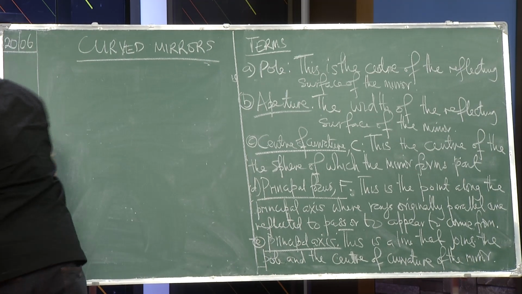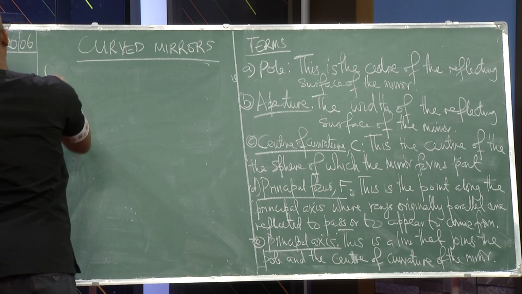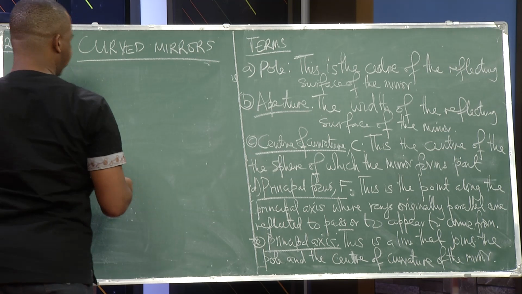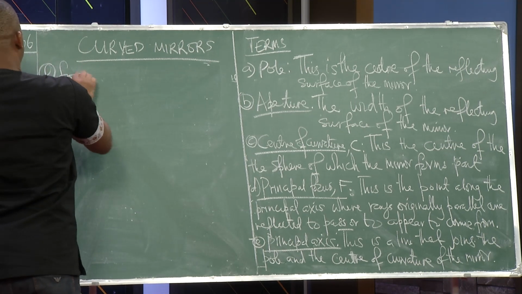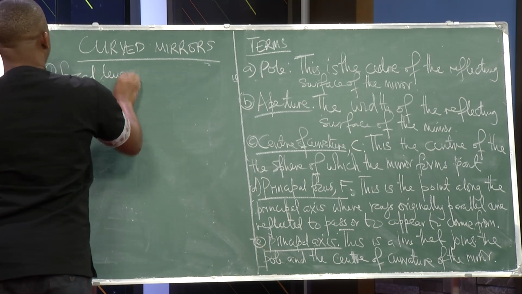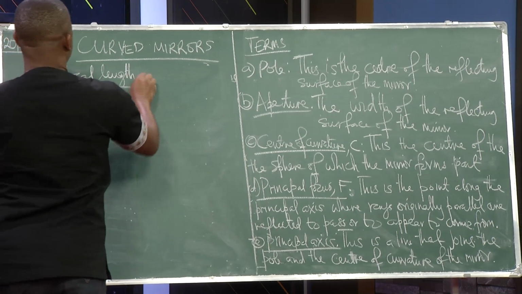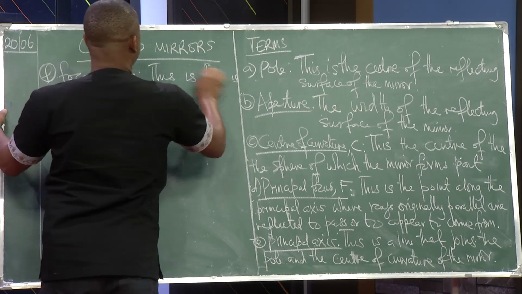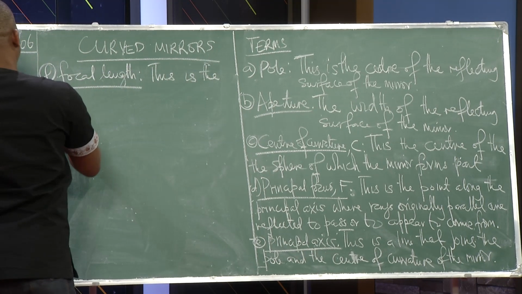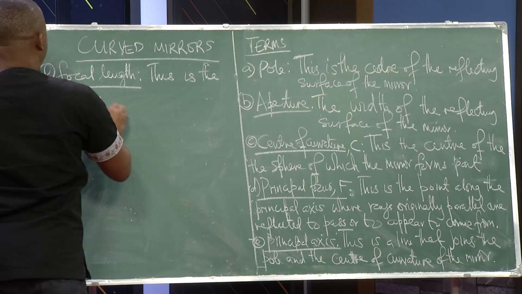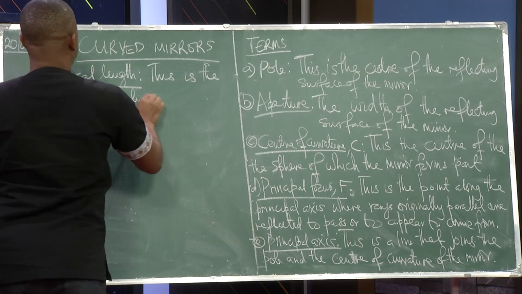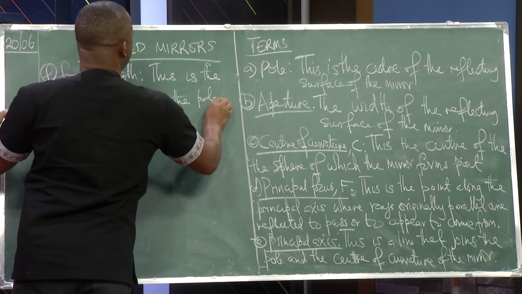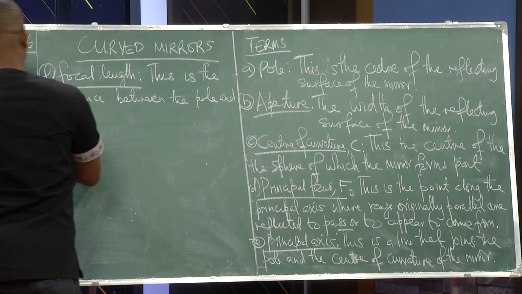We can add on the focal length. This is the distance between the pole and the principal focus.